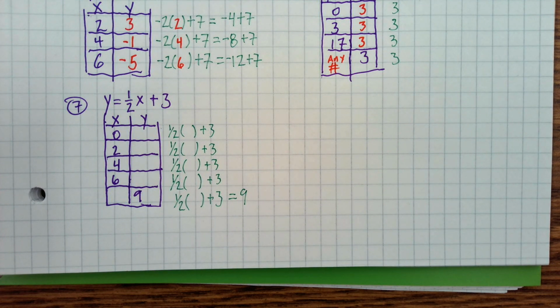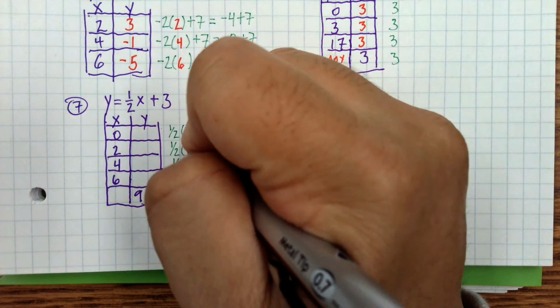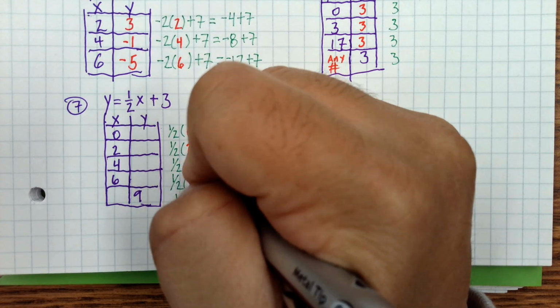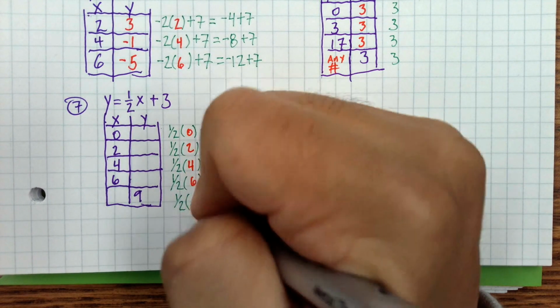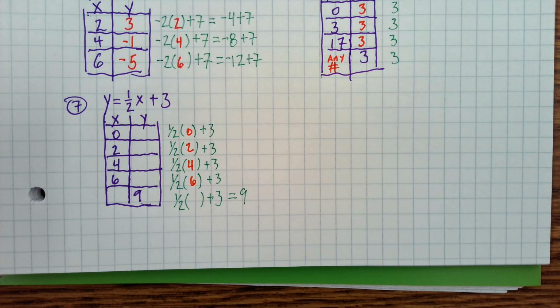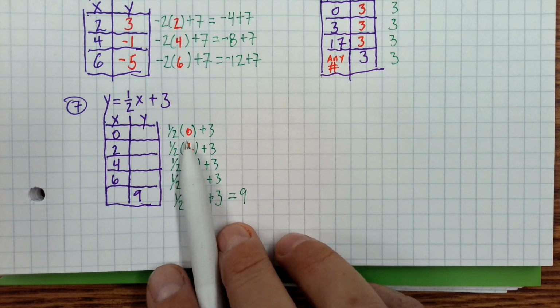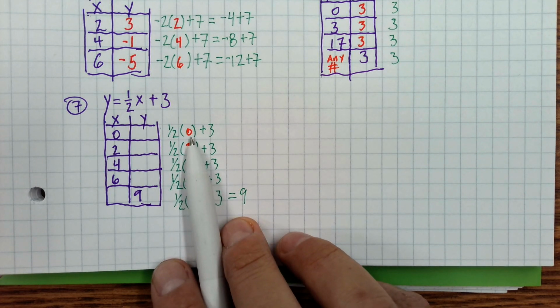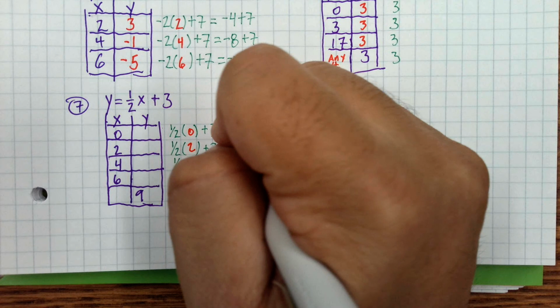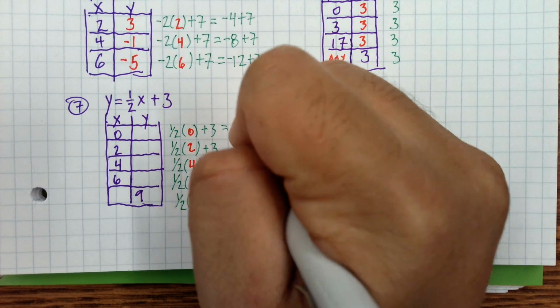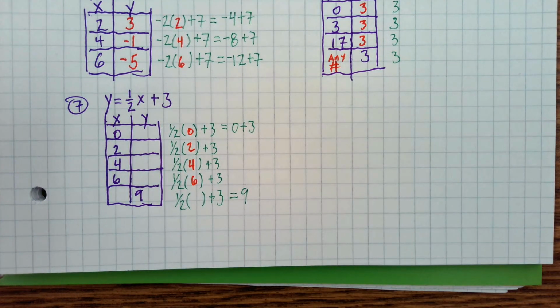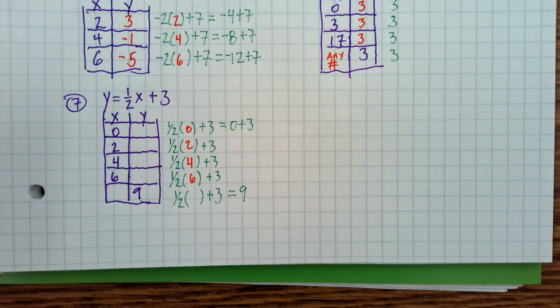So let's see what we get. 0 here, 2 here, 4, 6, and we'll figure out what has to go there. Okay? 0 times anything is what? 0. So 0 times 1/2 is 0, right? So really we have 0 plus 3. So how much is that? 3. So the answer here is 3.